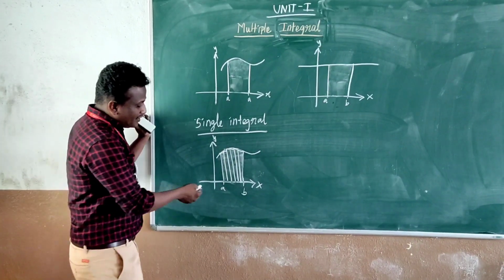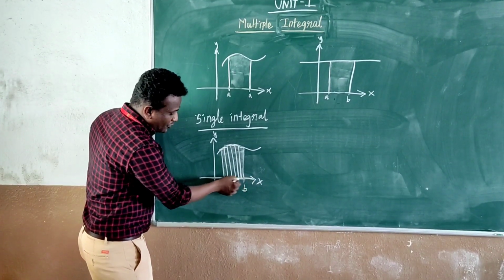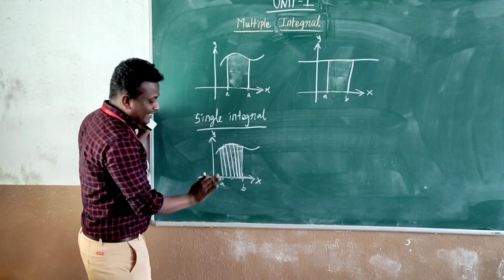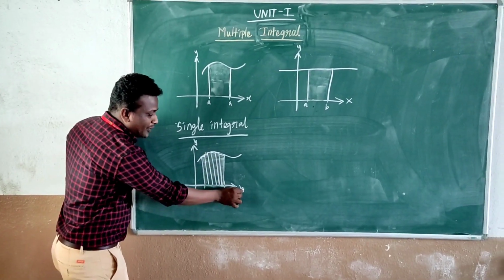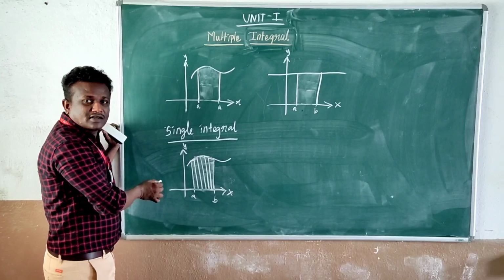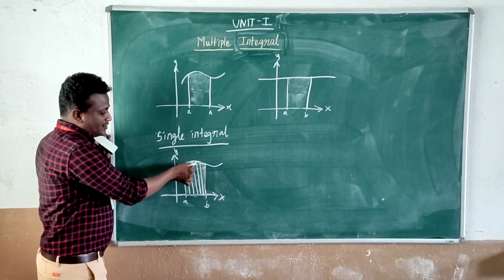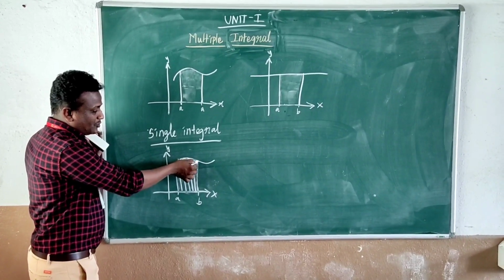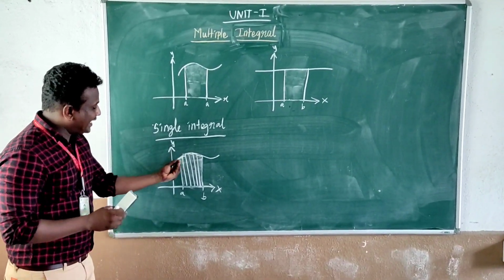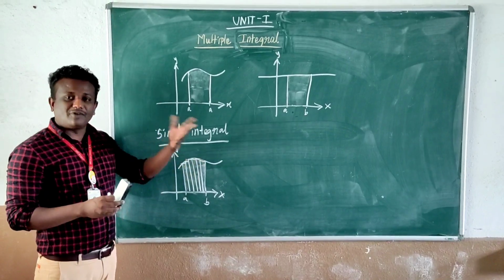Here what you are doing is finding the area only with respect to the x-axis. Here we have some difficulties also. Suppose our curve is fairly even, then we can apply the formula.